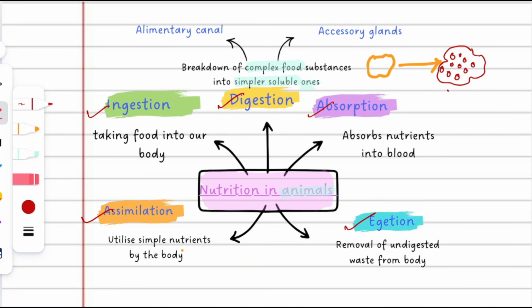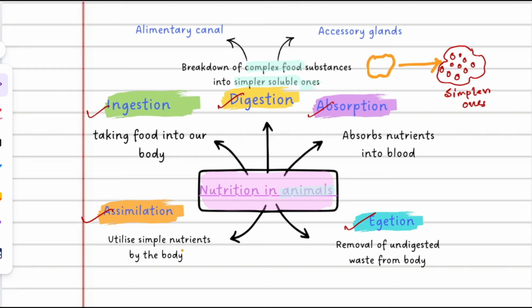Okay, so this is digestion. Now after digestion of the food, absorption takes place. And what is absorption? When these simpler nutrients form, they will get absorbed into our blood.